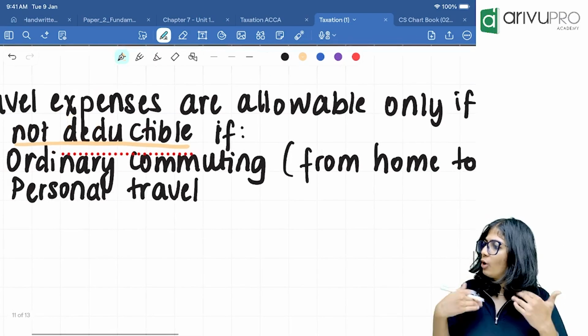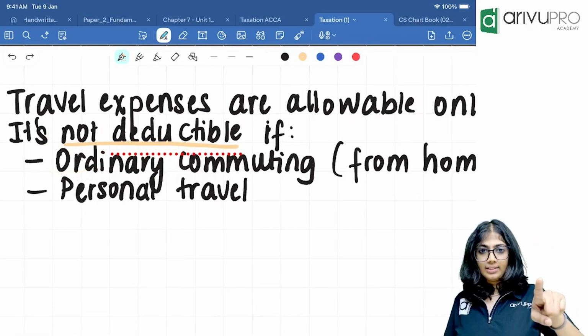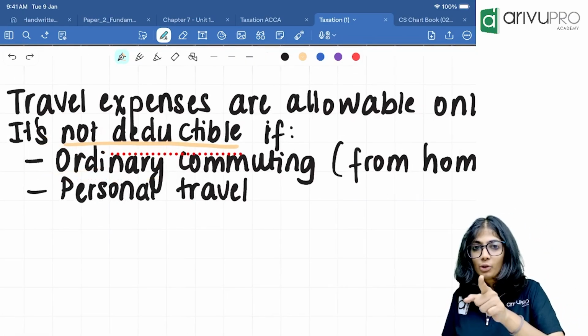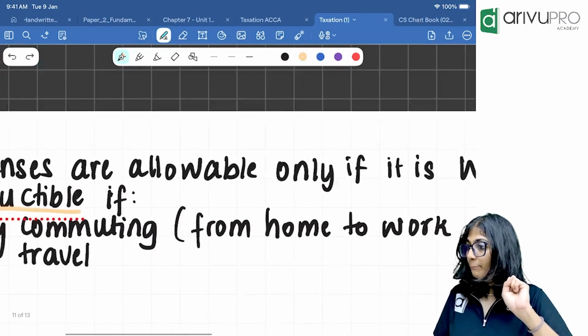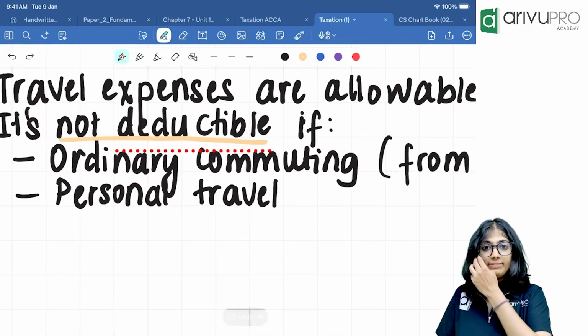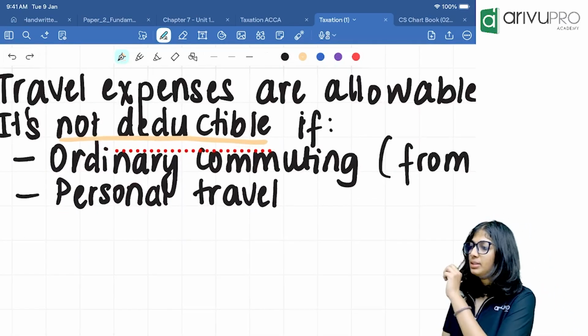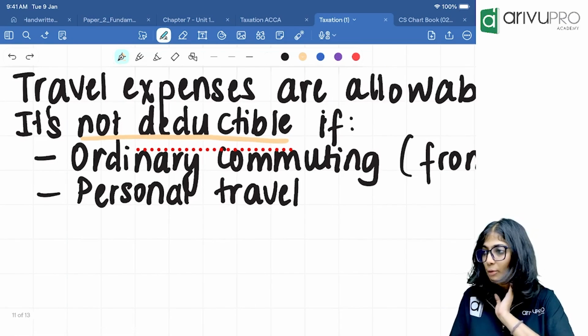This is something you will always incur. It is not deductible if you're using your own vehicle, or if you're using your own vehicle for personal travel. That is not deductible from your employment income.